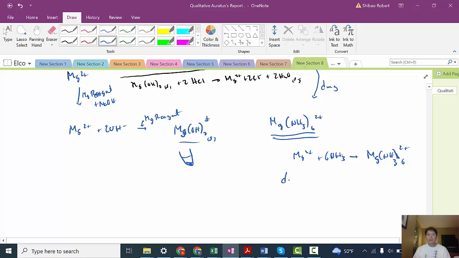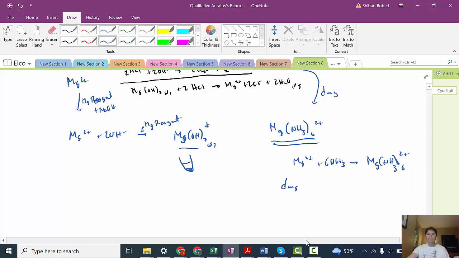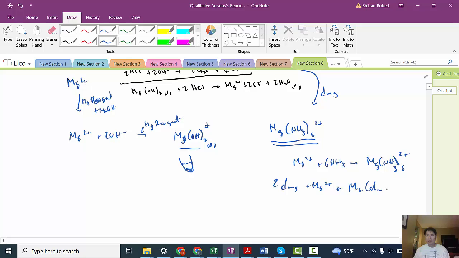And then we're going to attack this with DMG. So what's going to happen with the DMG is it's going to attack the magnesium here. So we'll take 2 DMGs and magnesium 2 plus. We're going to form DMG2 solid.